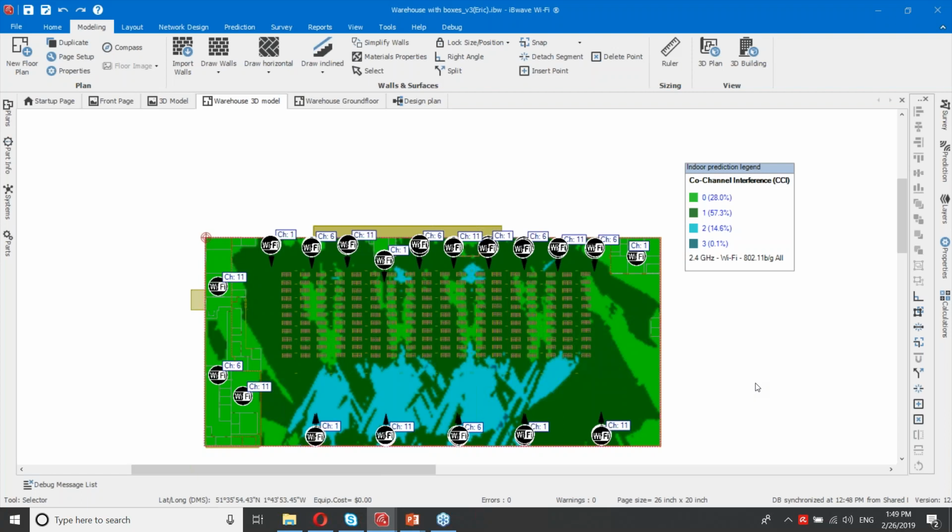I'm saying that mounting antennas 2.5 meters above the ground is a good idea because you will not have heavy machinery park itself in front of the antenna that maybe is 1.5 meters above the ground.